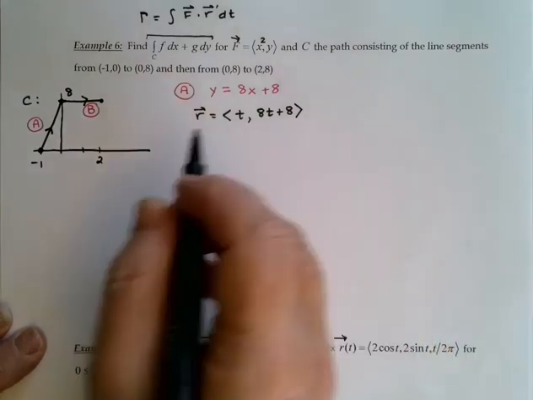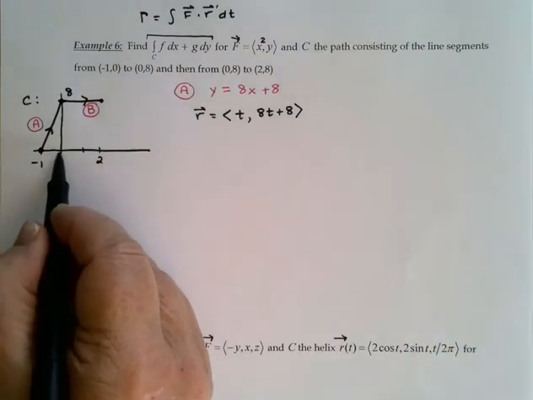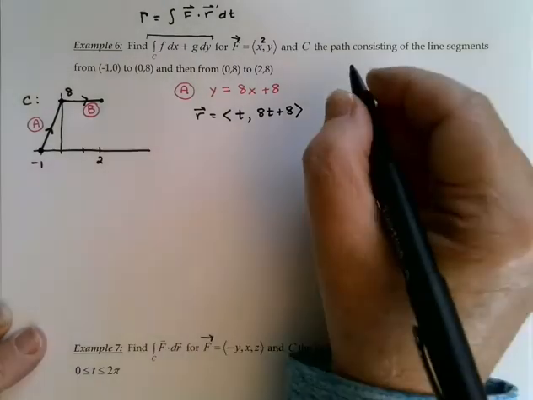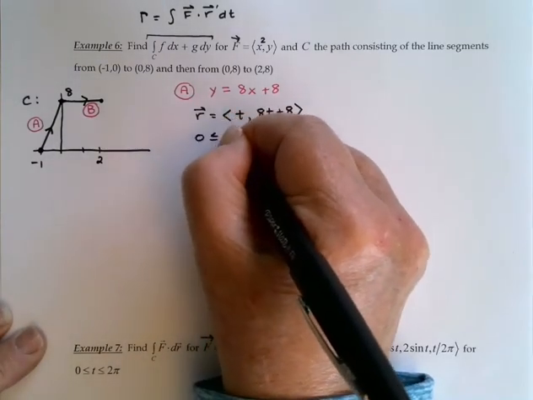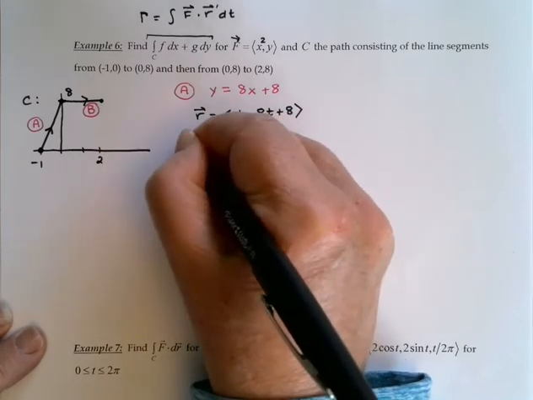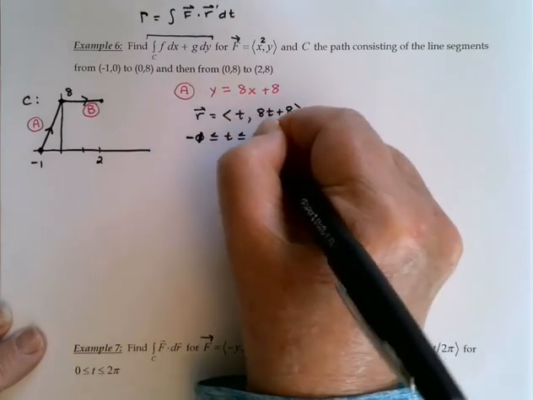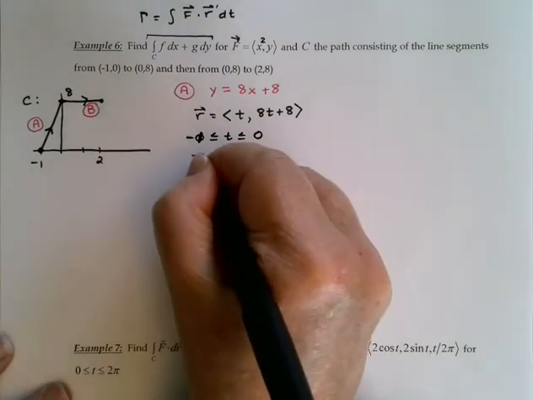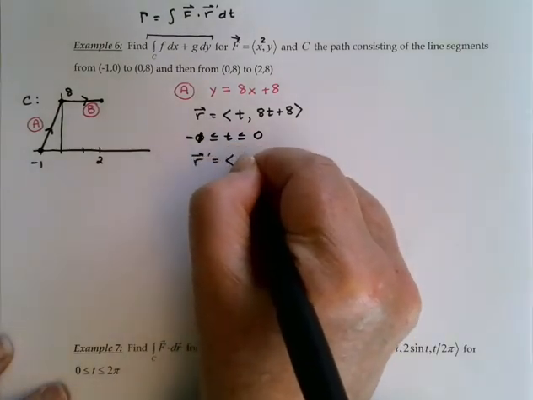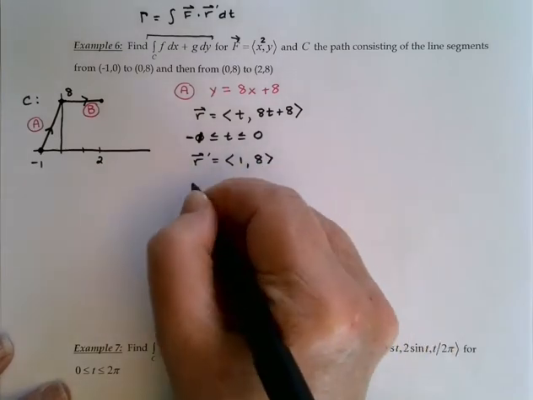And x is t. X went from -1 to 0, so that means I'm going to be going from -1 to 0 for my t's. Oops, I said it, I just didn't write it. -1 to 0. There we go. All right, I need r prime. That's going to be 1, 8.